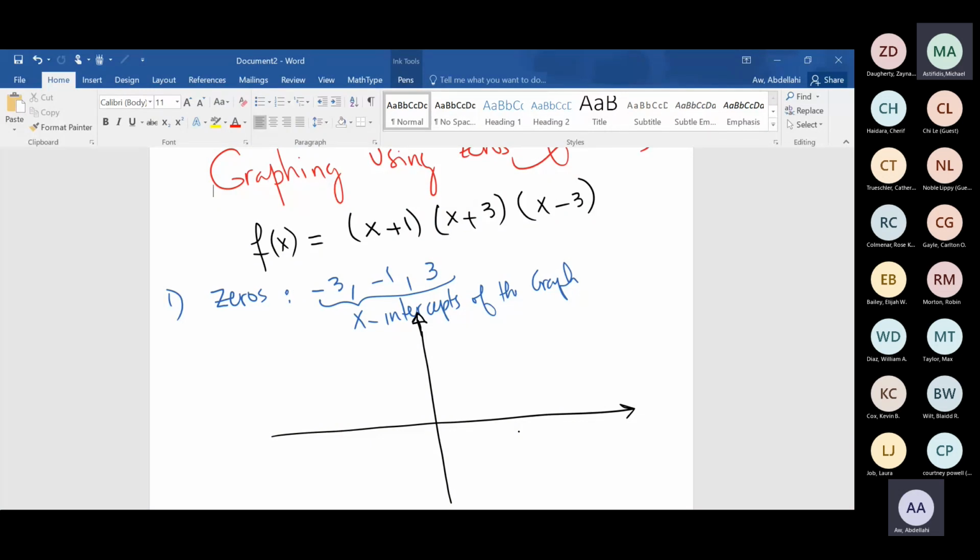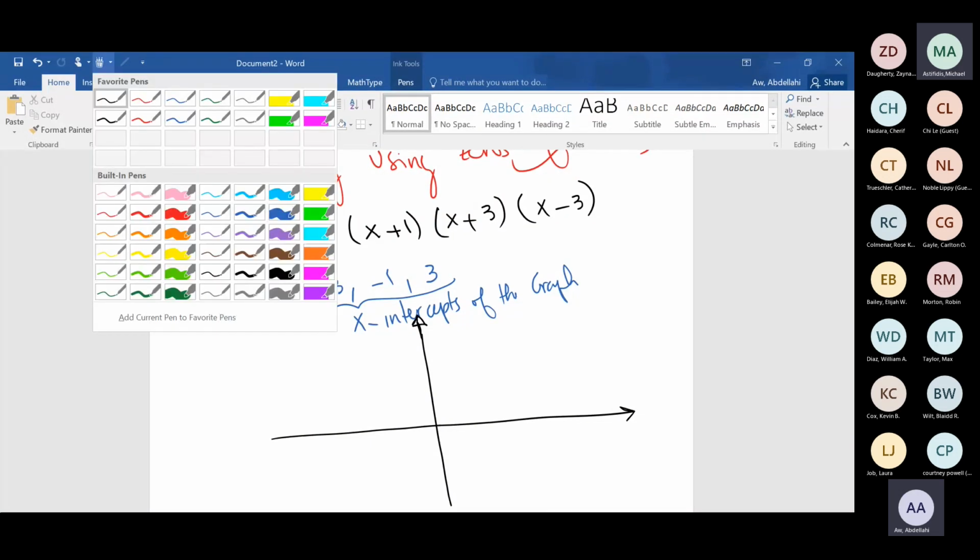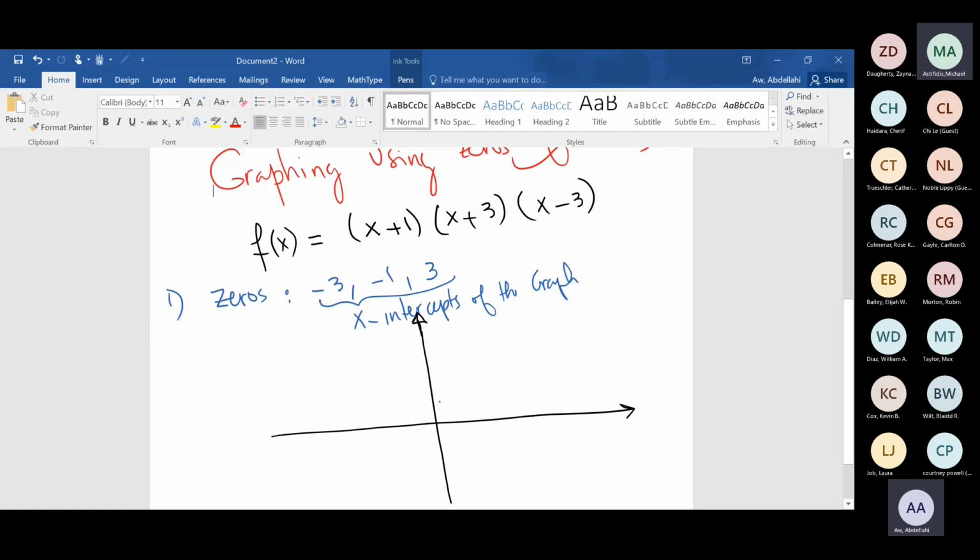So what I do is put the units on the x-axis, I put the zeros. I have -1 is a 0, +3 is a 0, and -3 is a 0, right? Everyone follows me?